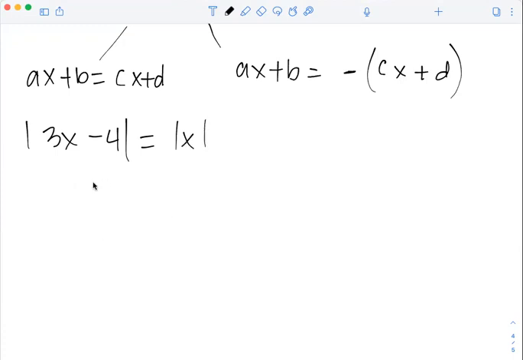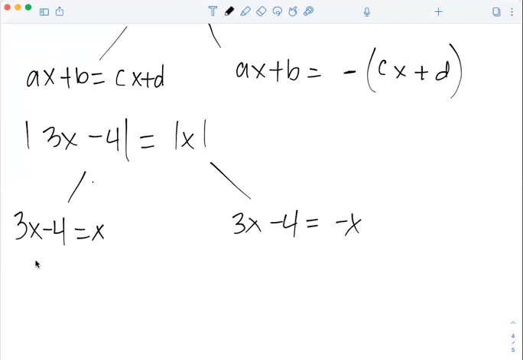Okay, so the two equations that we set up, breaking away the absolute value bars, are 3x minus 4 equals x, and 3x minus 4 equals -x. So we want to solve for x. Since I have x's on either side, the best way to get x alone is to subtract this 3x from either side.